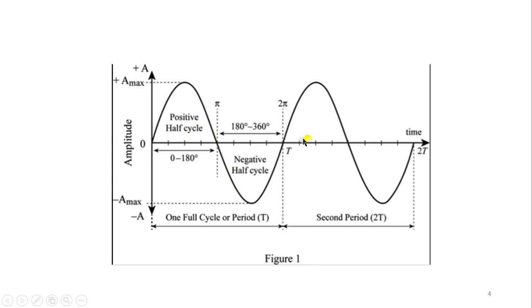Again, 2 pi to 3 pi we have a positive half cycle, and 3 pi to 4 pi a negative half cycle, which means 0 to 2 pi is one cycle, and from 2 pi to 4 pi the same cycle is repeated. The wave is getting repeated after a certain time interval over a period of time. Such a function we call a periodic function.